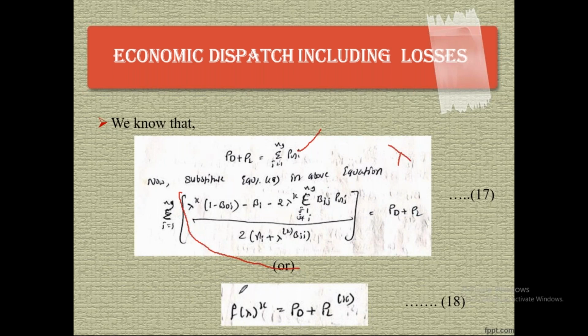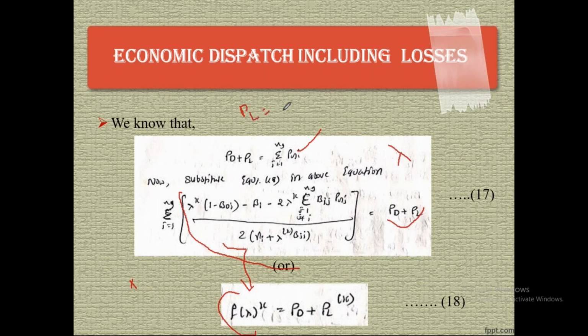The updating process is like this. So here, this entire term is called f of lambda k, and I am assuming it so that we can update lambda. Which formula can we use for updating the lambda value? That's why I consider this entire term as f of lambda power k, and on the right side it is Pd plus Pl. The power loss is again different, because in the problem they will give the power loss in one equation.